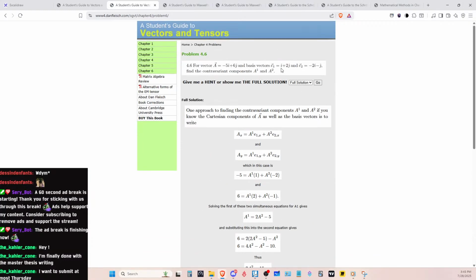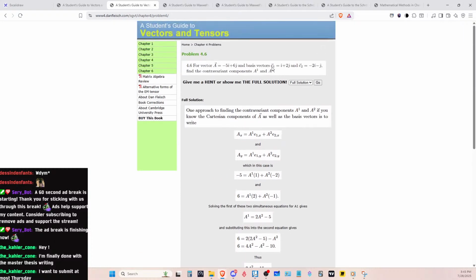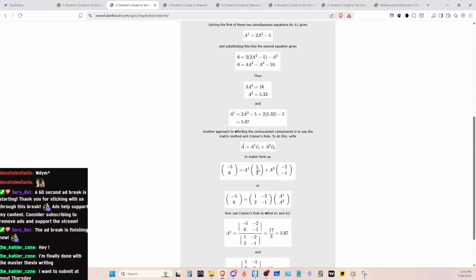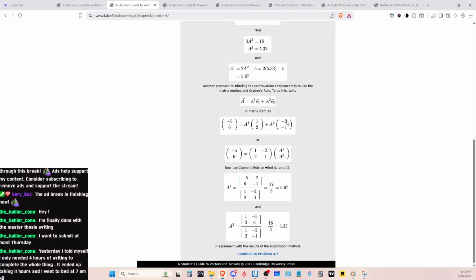It's the way they set it up, because these are covariant, and they're like this. So when they're covariant, they have to look like this. And I'm guessing when they're contravariant, they're supposed to be like rows. So they use Cramer's rule to basically figure it out.